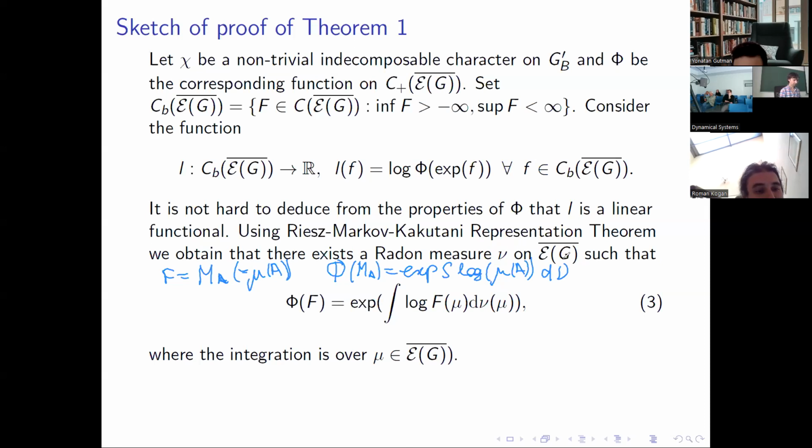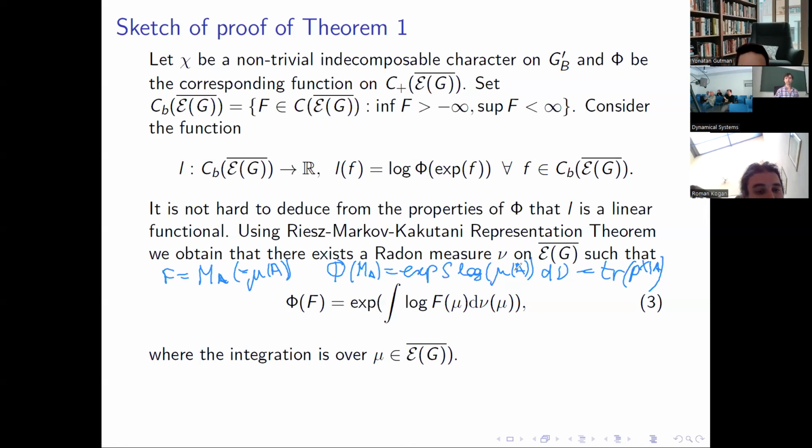And on the left, what we have is just, by definition, this trace. So what we wanted to find, trace of the orthogonal projection averaging over the complement of the set A. So this way we find the relation between trace and ergodic invariant measures, which is already a step towards the proof of theorem 1, towards formula for the character.